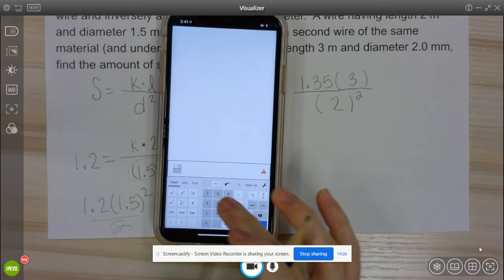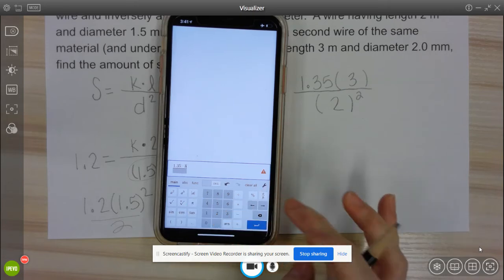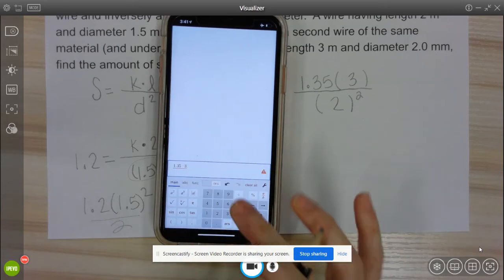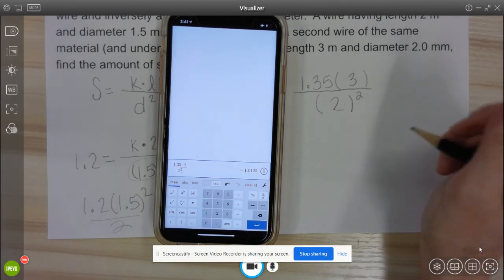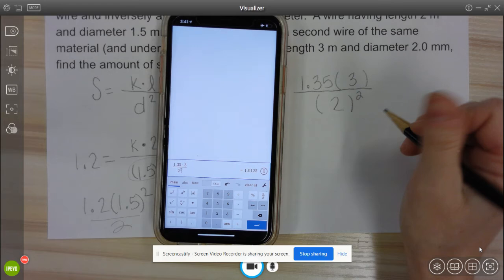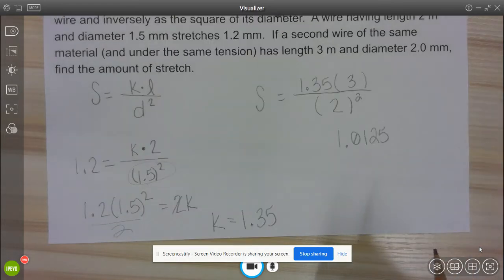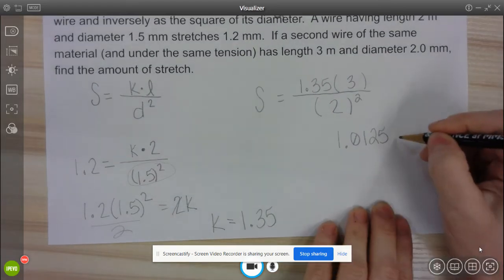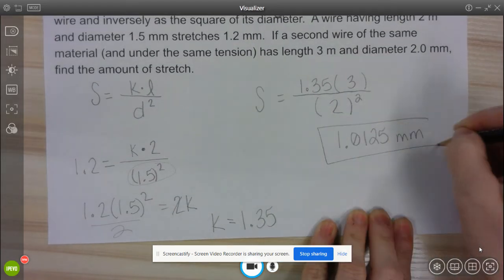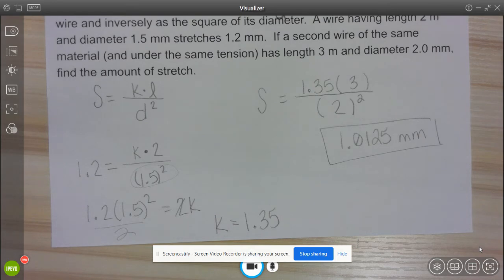Then I'm going to do 1.35 times 3 in the numerator and 2 squared in the denominator. So the stretch would be 1.0125, and you can round that if you want to. If this was a test question or a quiz question, we would tell you what to round it to. And the stretch is measured in millimeters. So that would be my final answer.